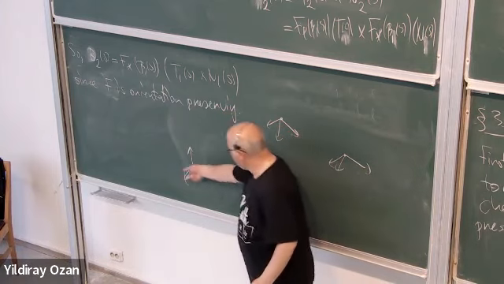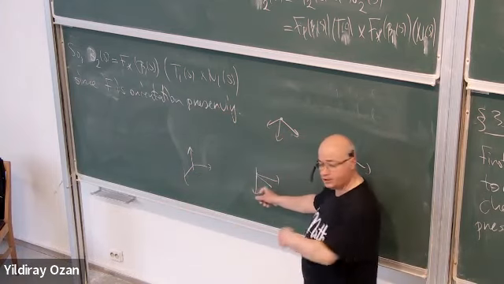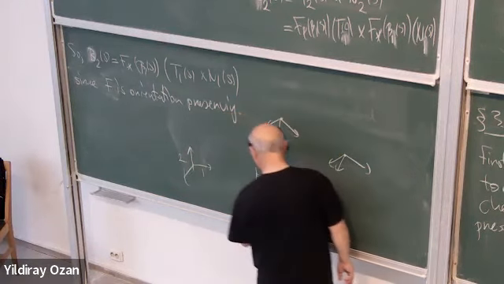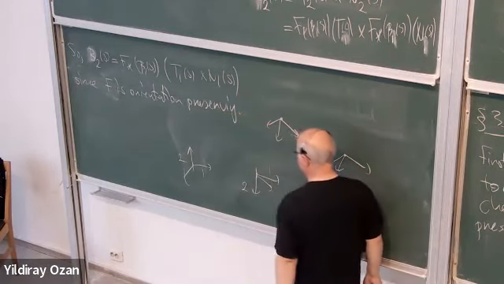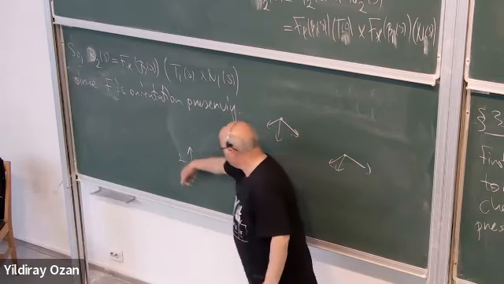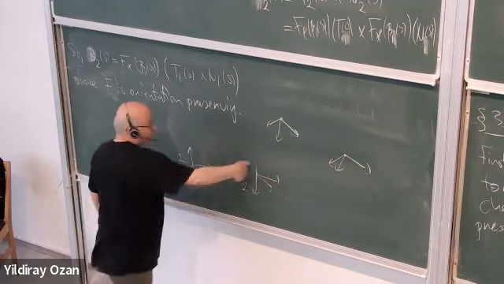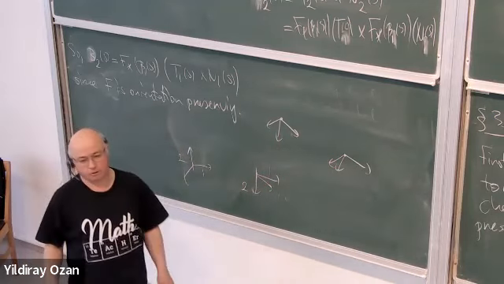So this will go out of the blackboard, this will go inside the blackboard. This is the first vector, second vector, first vector, second vector. Cross product of these two is this one, but cross product of this is the one going inside the blackboard.